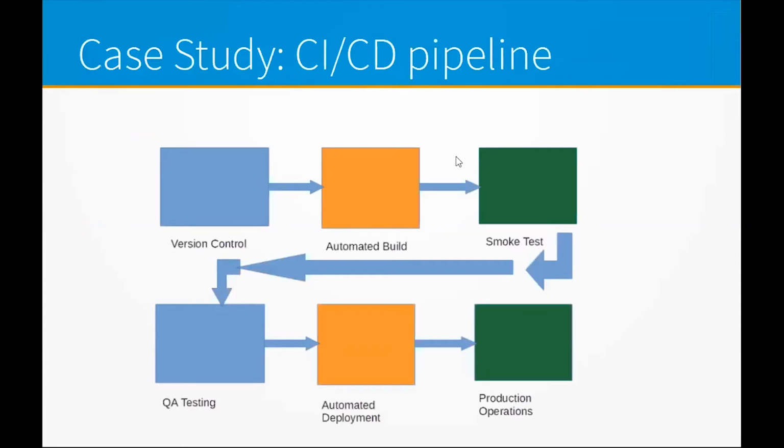Okay, so we said earlier on that we want to pull this all together. And so I want to talk about a CI/CD pipeline. Because today, this is really what version control and test-driven development is all about. So what happens in a CI/CD pipeline? Well, we start up here on the left with version control, right?